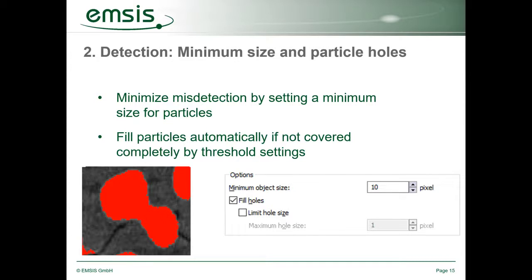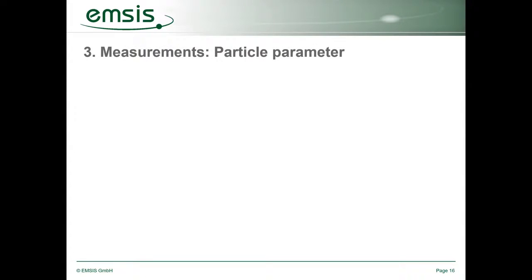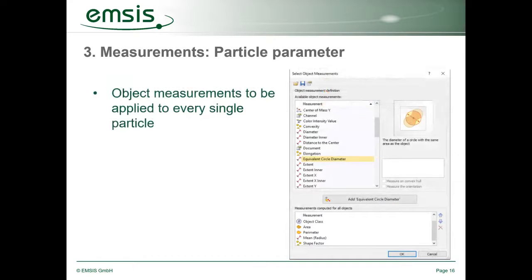So these steps were all taken to prepare our detection, and now we are talking about which kind of results we would like to get during this process. We have three different levels of measurements: the object measurements, class measurements, and the highest level, the region of interest or ROI measurements.